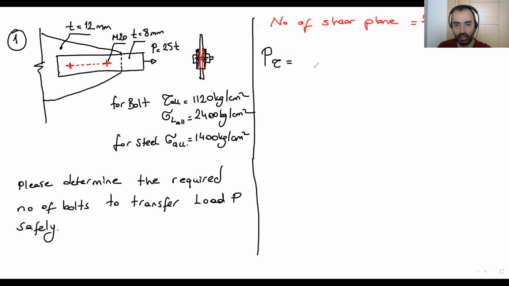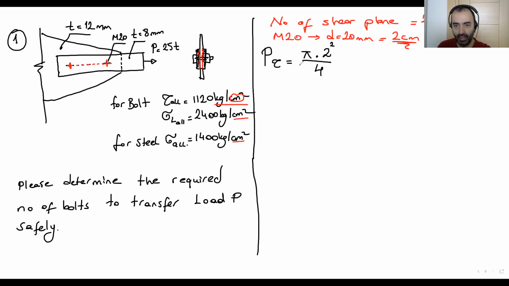Remember, we are going to calculate the sectional area of the bolt. It is M20. Remember, D is 20 millimeter equals 2 centimeter, right? I use this 2 centimeter because I have to make a unit conversion, since all the given allowable stresses are in kilogram per centimeter squared.